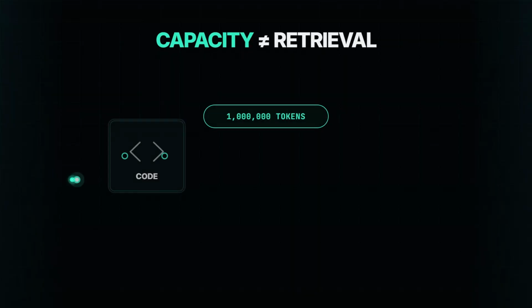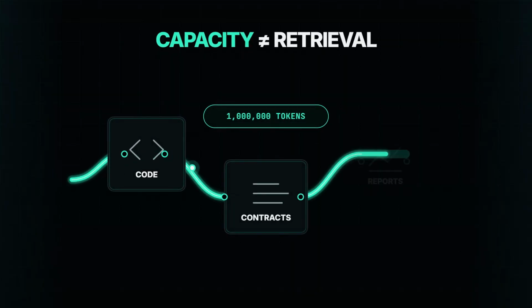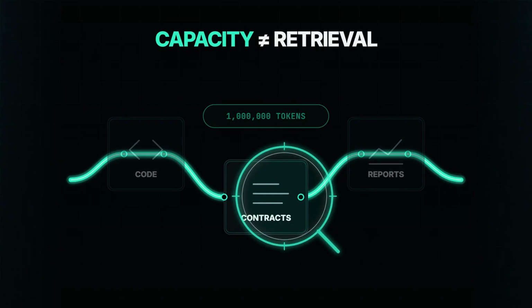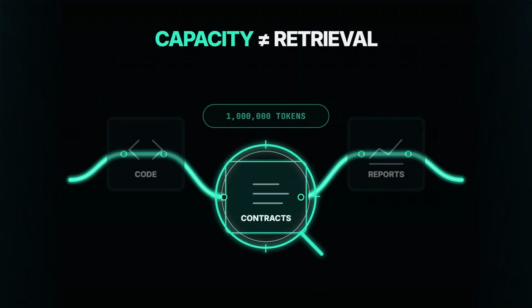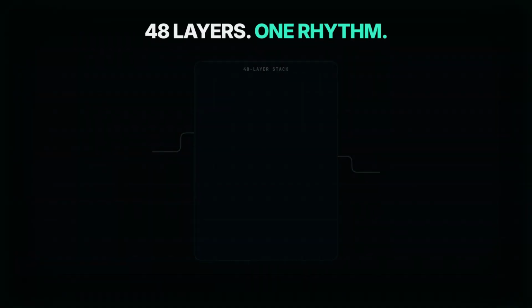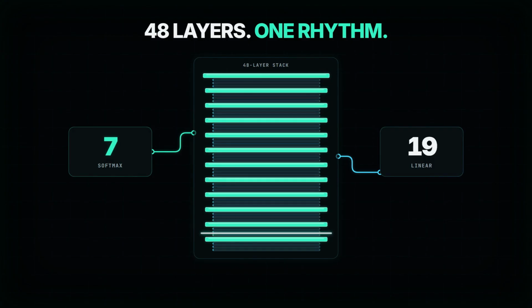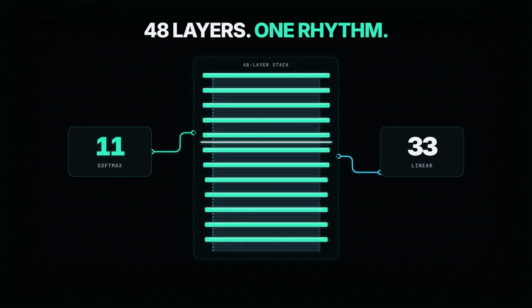SolarOpen 2 also claims support for a 1 million token context window. That could hold huge code bases or document collections, but maximum context is not the same as perfect recall. Its 48-layer stack repeats one softmax-attention layer, followed by 3 linear attention layers. That means 12 layers use conventional attention, and 36 use the more memory-conscious linear design.